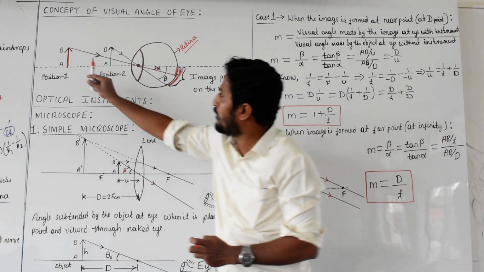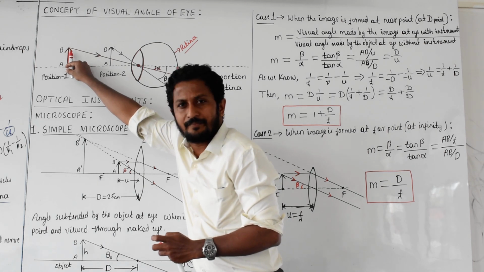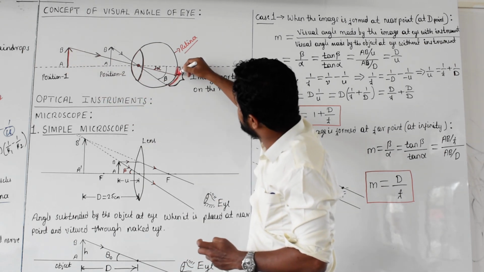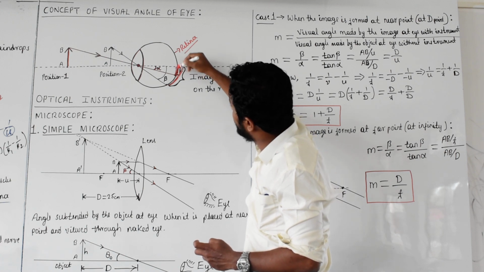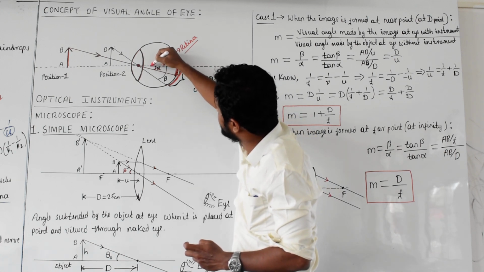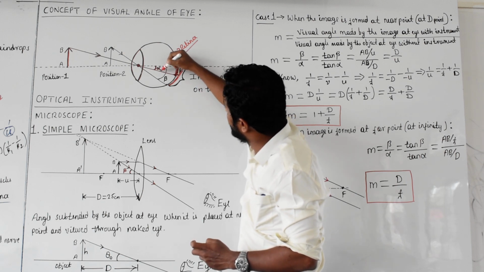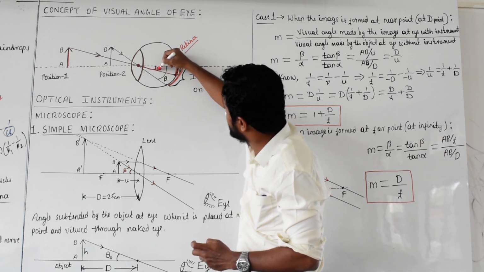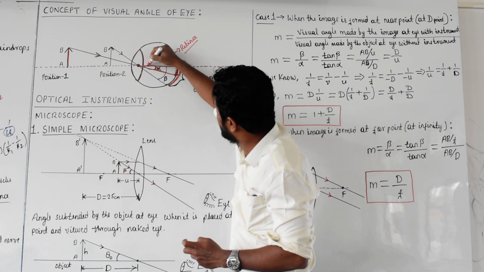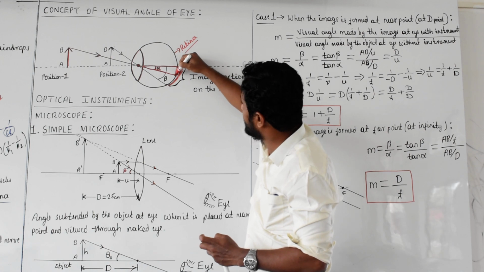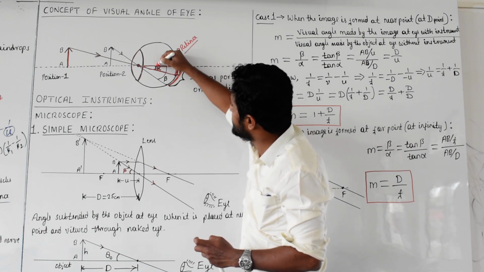See here. When the object was here, the image portion is this much. This much portion is going to subtend some angle here. Look at this. This is the top light ray, and this is the bottom light ray. Here that image is there, and here there is an angle.